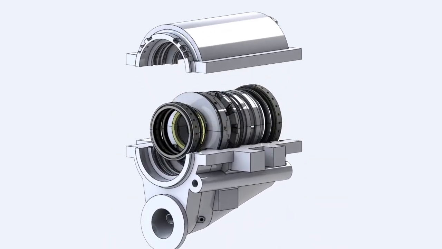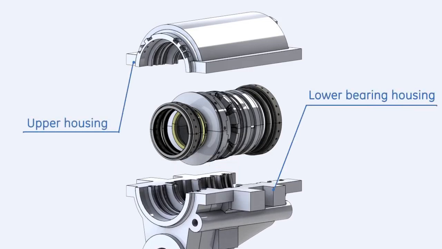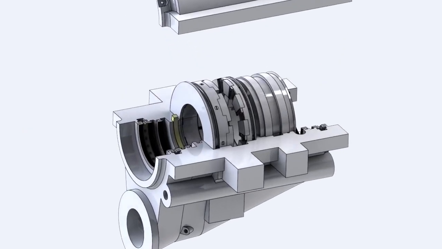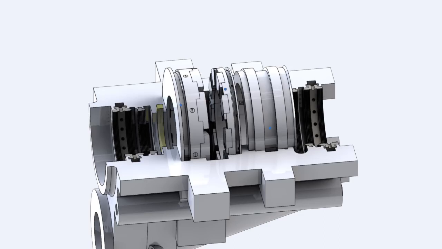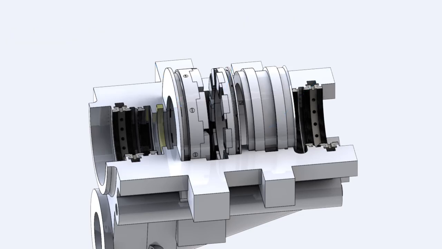The bearing components are installed inside the bearing housing, which consists of the lower and the upper halves. This bearing contains an elliptical journal bearing, a loaded thrust bearing, and an unloaded thrust bearing.